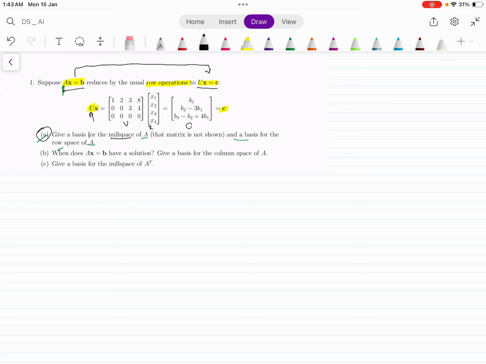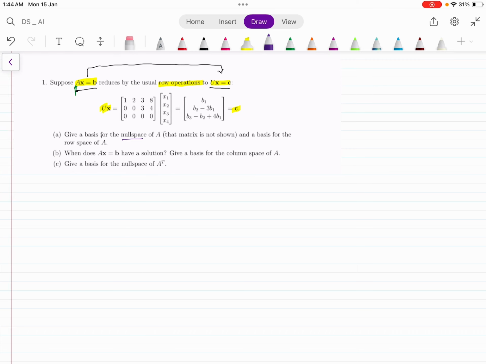In question 1, we have been asked about the null space of A, and we have been given this matrix U, right? And we have also been asked about the basis of the row space of A. So let me go through what will be the effect on the four fundamental subspaces. Let's look first at the null space.